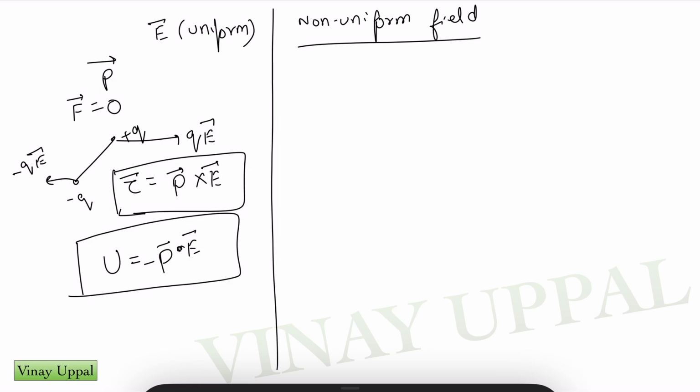Suppose the dipole is placed in a non-uniform field. In that case, the force is not zero. Instead, it comes out to be equal to P dE by dl. So here, dl is the distance between minus q and plus q. I am assuming a small dipole. So here we've all assumed small dipole.